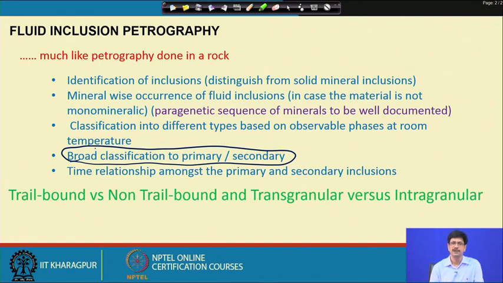We know that primary inclusions are the ones which are supposed to be entrapped during the primary growth of the host mineral, and the secondary inclusions are the ones which were trapped anytime afterwards in response to fluid activity in weak planes, in fracture planes, which generally results in the sealing of the crack, and then they are present as trail-bound inclusions.